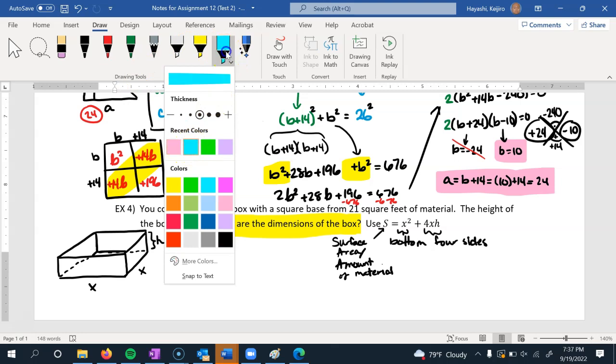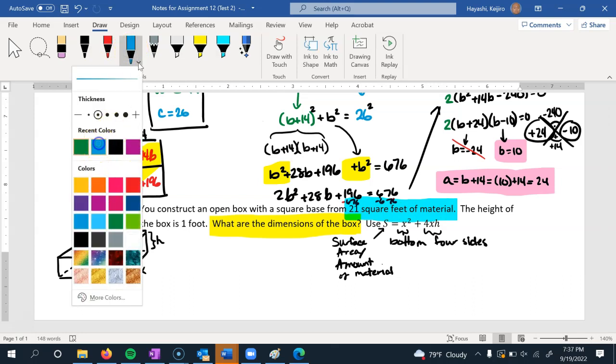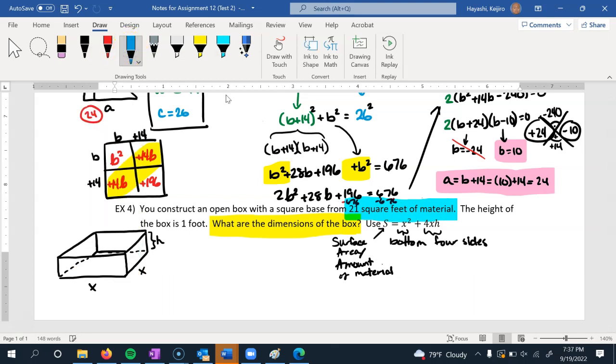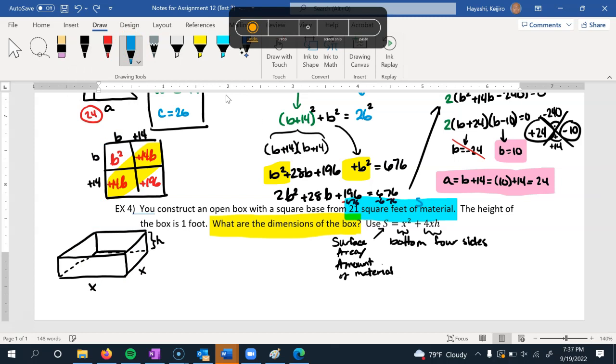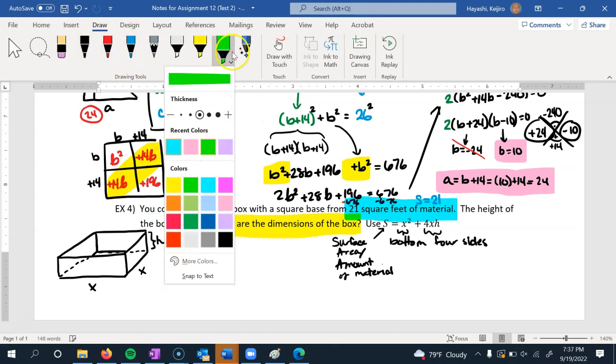So we get a couple of pieces of information here. You construct it from 21 square feet of material. All that's saying is that S equals 21. And there's another equation here.